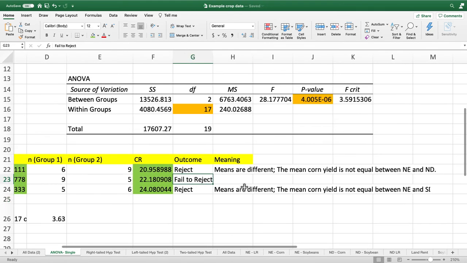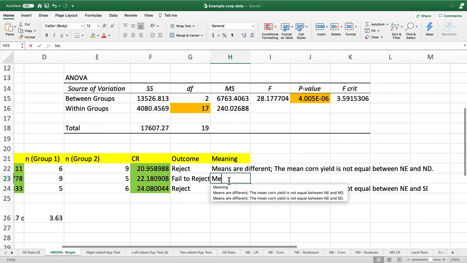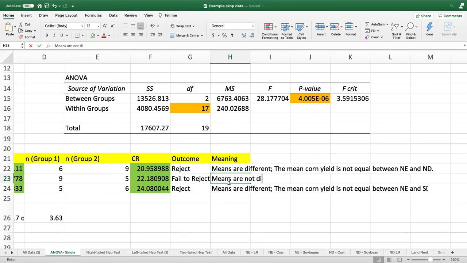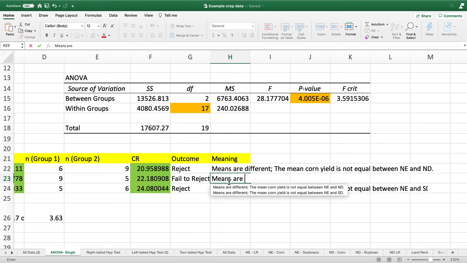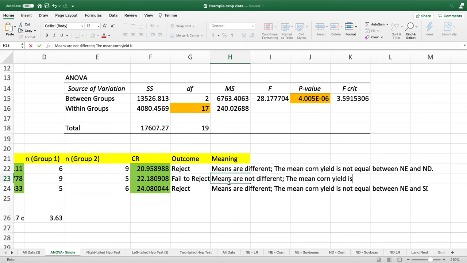And when we fail to reject, that means our means are not different. Our means are equal. So the mean corn yield is equal between North Dakota and South Dakota, according to our sample and our evidence.